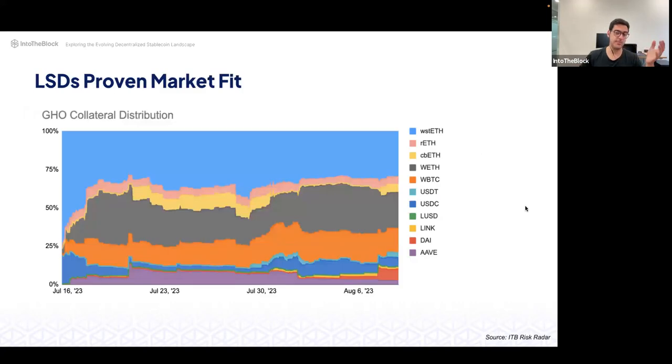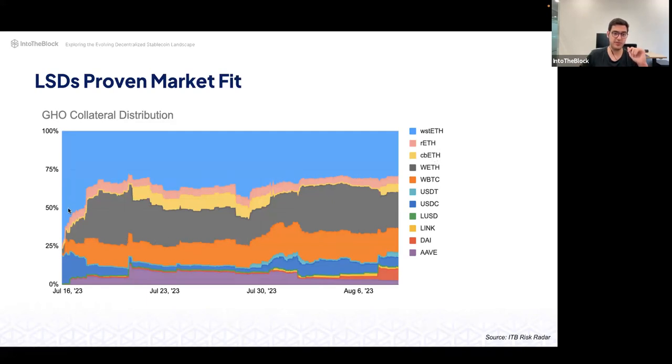We see that same pattern take place in GHO, which isn't exclusively backed by liquid staking derivatives, but instead those that mint GHO get the ability to choose what collateral they put into the protocol. And by and large, liquid staking tokens such as wrapped stETH, Rocket Pool ETH, and Coinbase ETH make up a very large chunk of it.